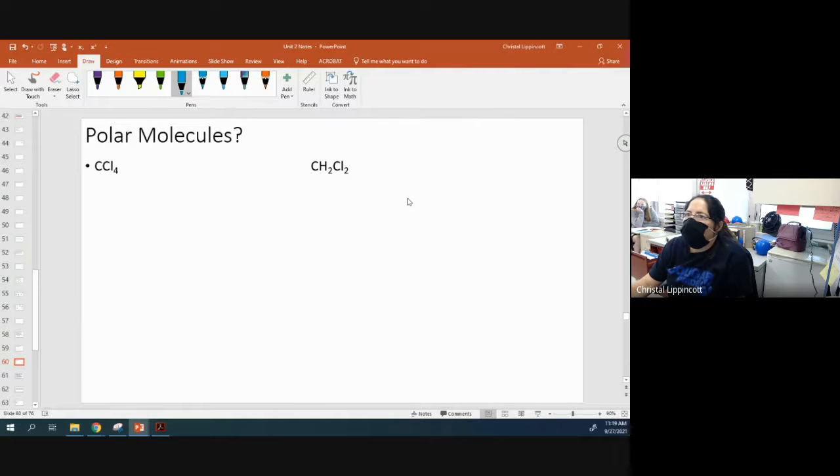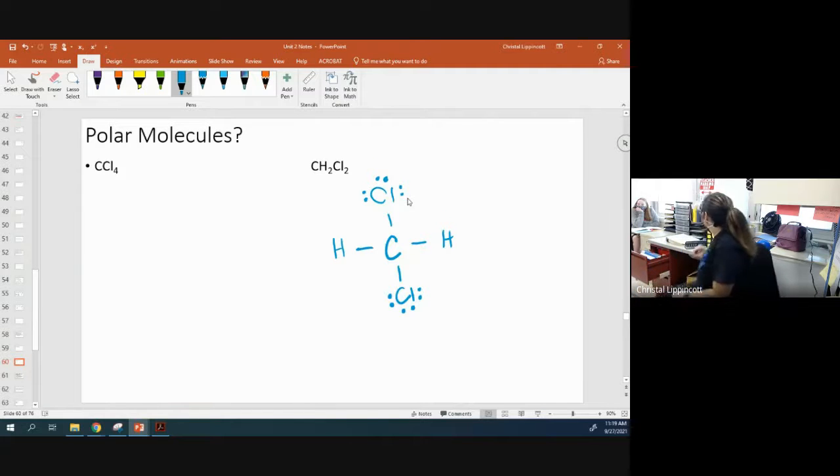That is one way. So for example, if I skip to this drawing, okay, I've got my carbon here. I have my hydrogens coming off. I have my chlorines coming off, okay? Remember that these are a two-dimensional representation of a three-dimensional object, okay?